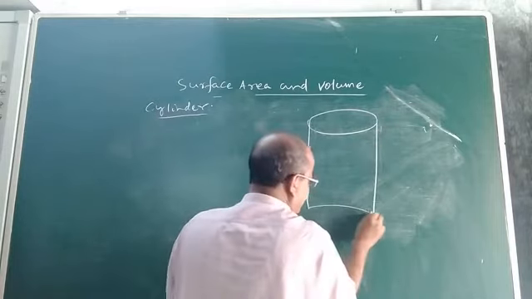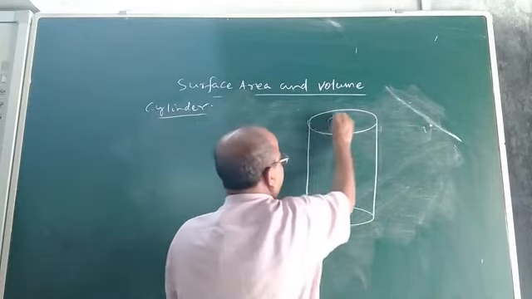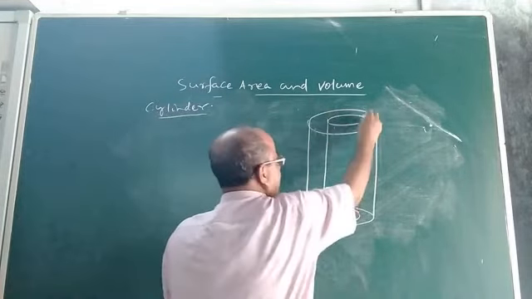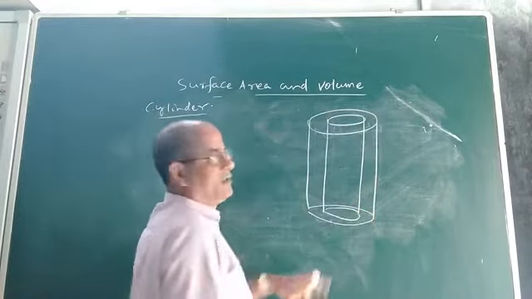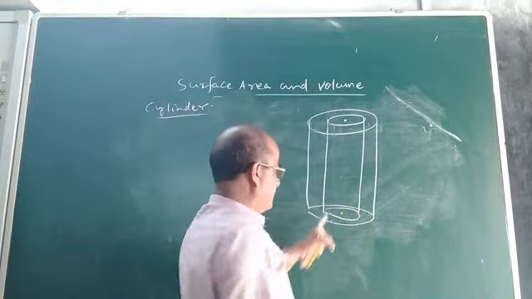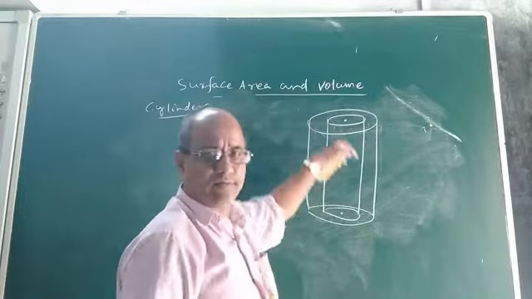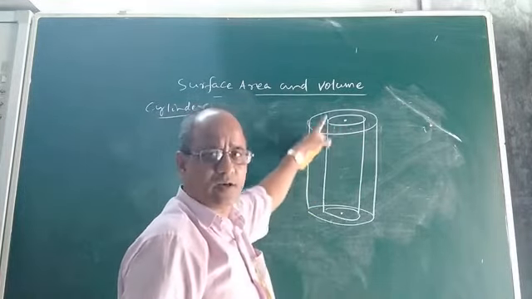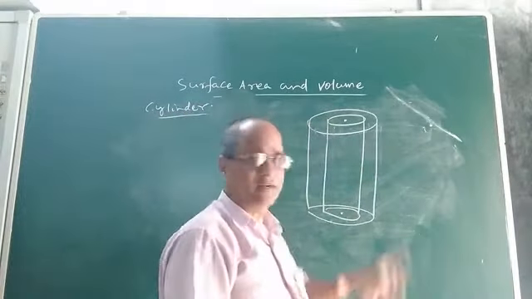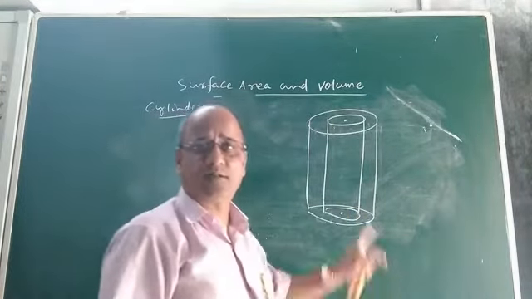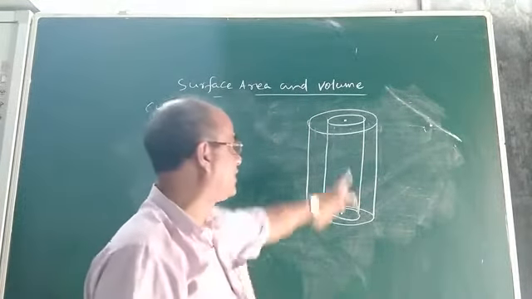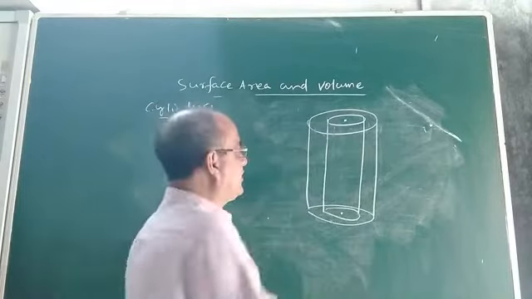We already know these things, still I am discussing so that you will understand better. Now look at the inner portion. If the inner cylindrical cross section is removed from a solid cylinder, the resulting solid is known as a pipe or a hollow cylinder. So this is the figure of a hollow cylinder or pipe.